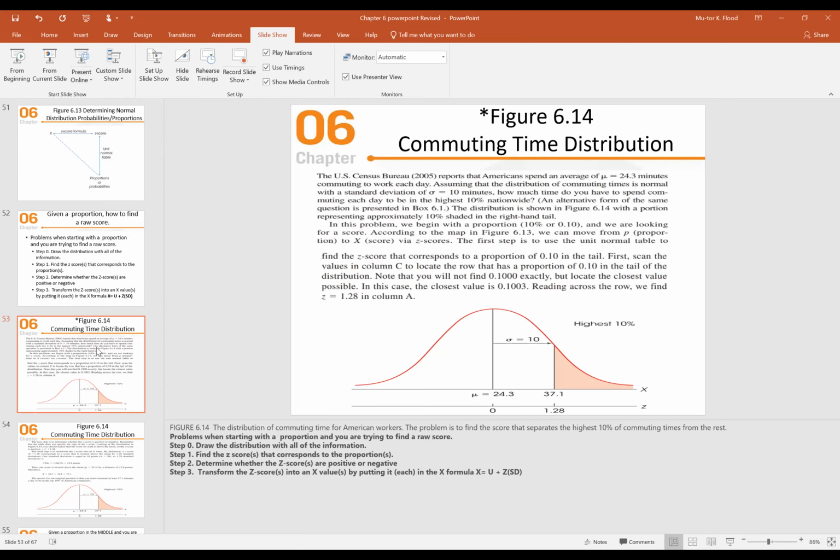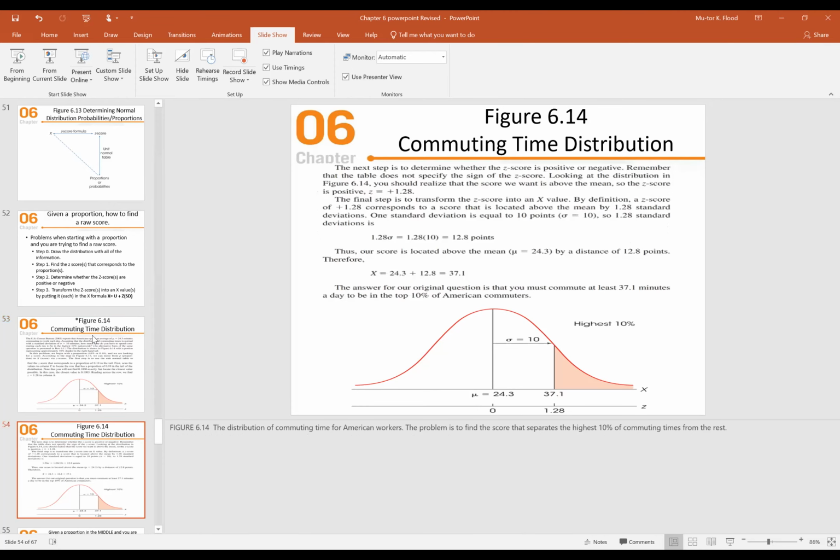That Z-score is 1.28. All right. And then you're going to change that Z-score into a raw score by putting it into the X formula, right? So X equals the population mean plus the Z-score times the standard deviation.